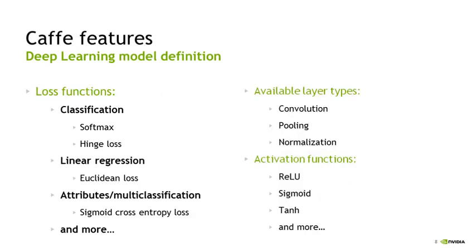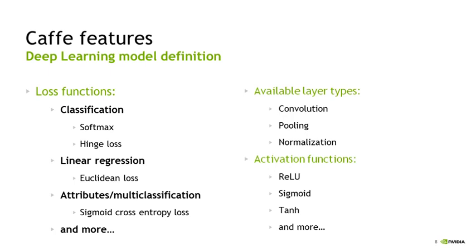So within that file, there are a number of things you can define. You define each of the layers that you want to be trained in your deep neural network. You also define, importantly, at the end, the loss function. And you define at the beginning of the file the input data format that the network will be expecting, because the loss function will take the output from your neural network layers as well as your ground truth labels for your supervised training.